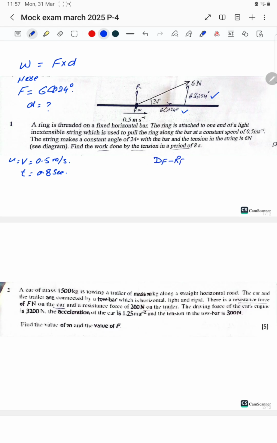So we know that driven force minus resistive force is equal to net force, because the ring is moving along the horizontal bar.